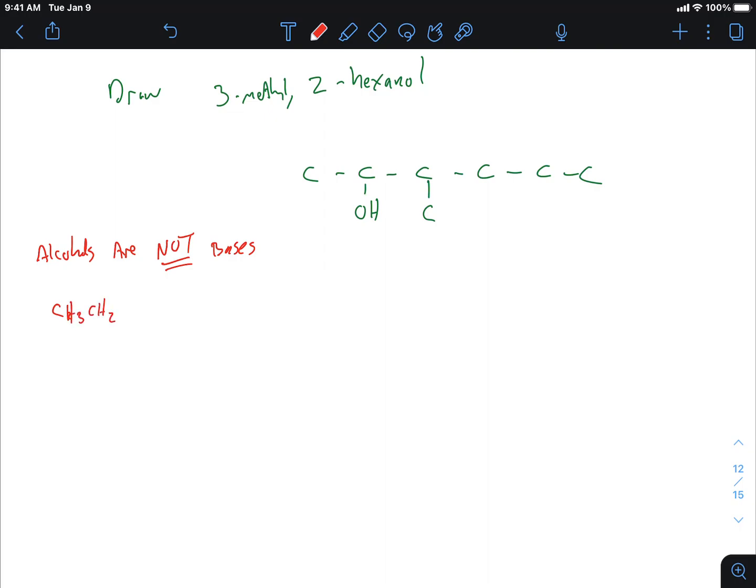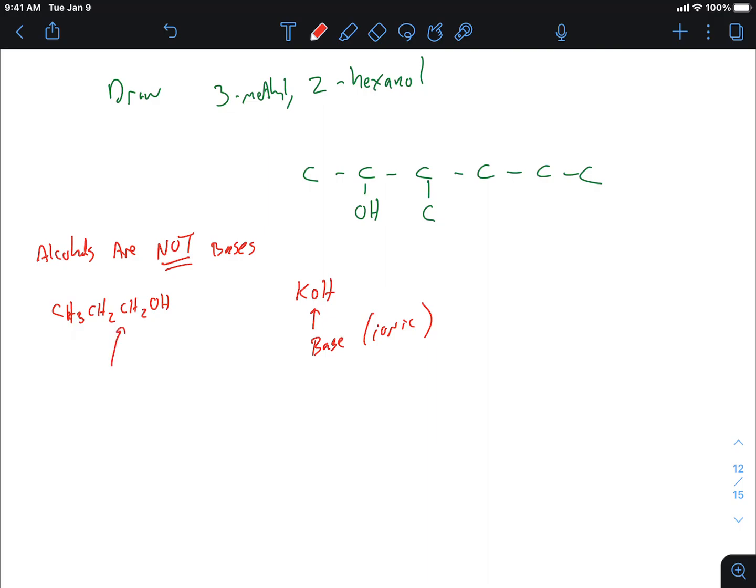Okay? Any alcohol, any formula, CH3, CH2, CH2, OH, they have the OH on them, but you have to understand the fundamental difference between this and a base. The bases, we're talking about ions, ionic bonding, right? So something like this, KOH, that's a base, primarily because it can ionize. It's ionic, right?